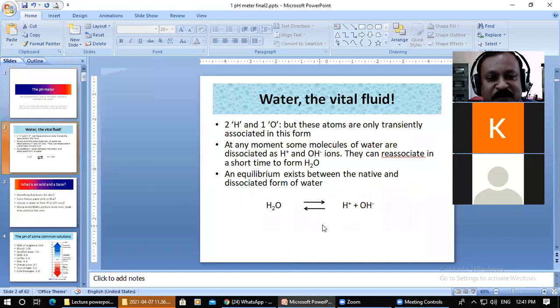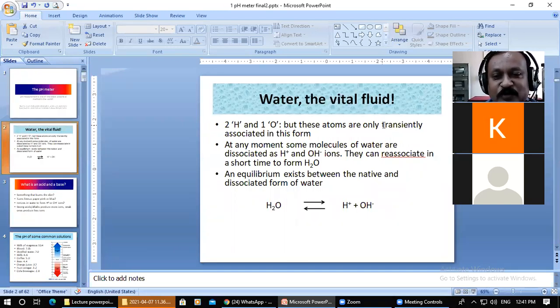Yes, sir. This slide tries to describe the molecule of water. Everybody knows that water consists of two atoms of hydrogen and one atom of oxygen. So it is H2O. But a very important thing that you should know is that these atoms, two hydrogen and one oxygen, are not always associated together.